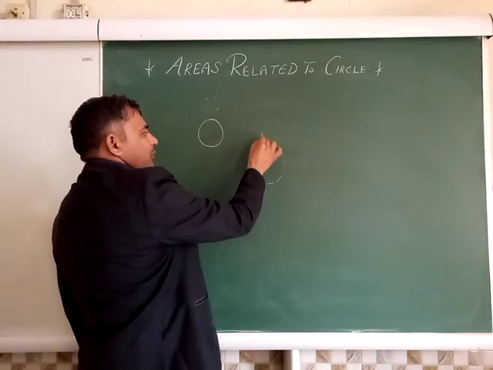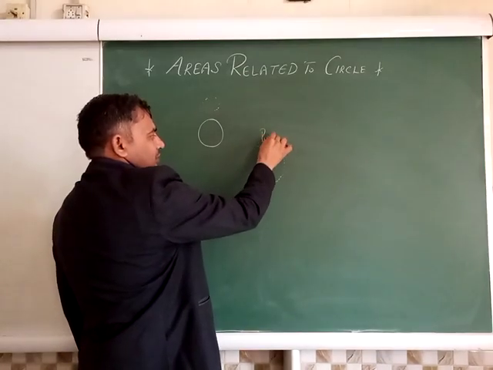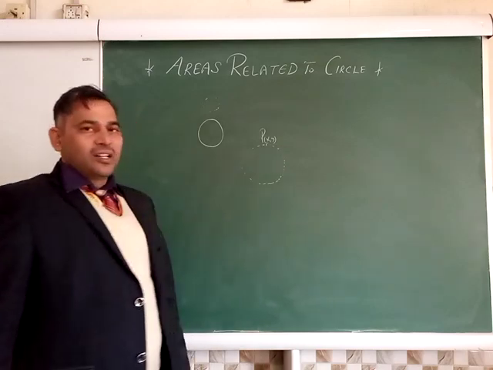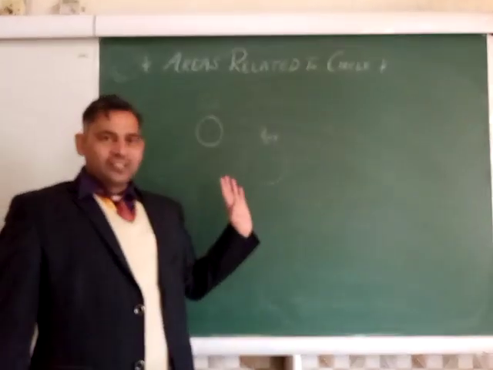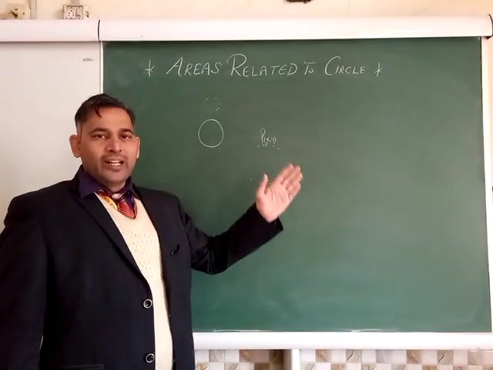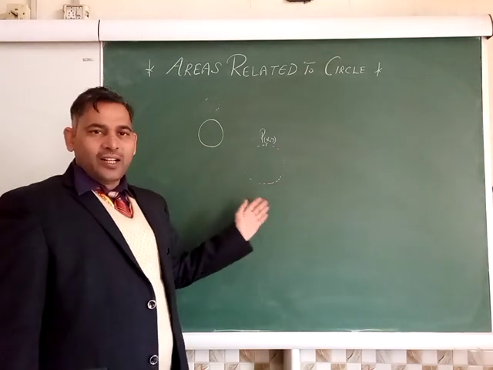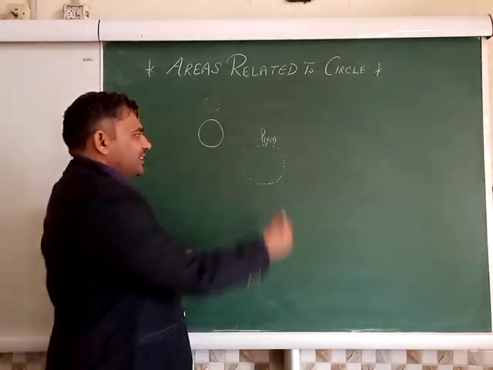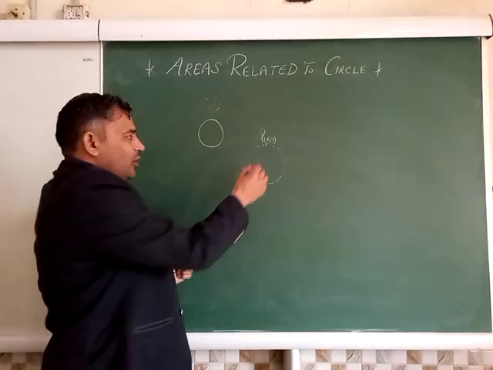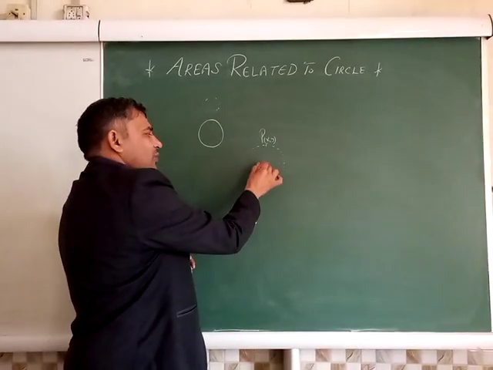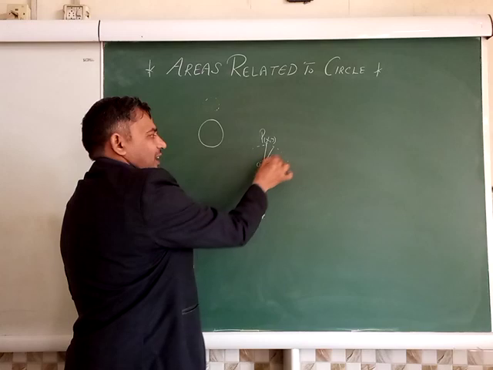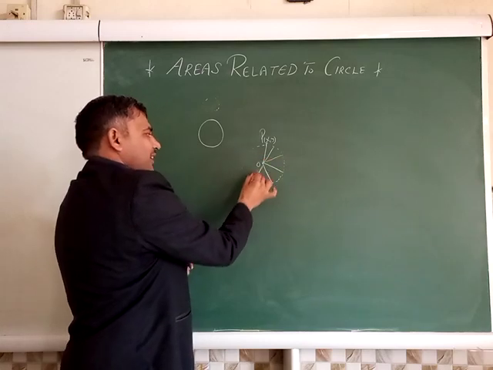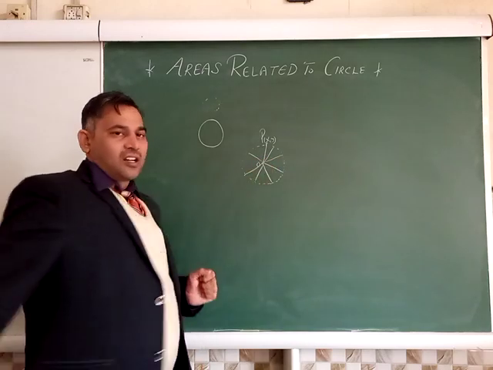P is any moving point, a 2D figure. A point moves in a plane such that its distance from a fixed point is always constant. That is known as the circle.